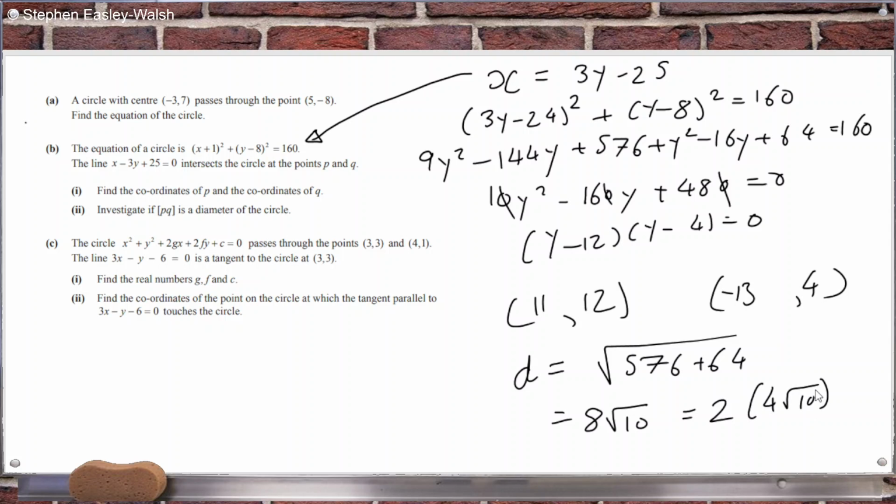Oh, and by the way, 4 root 10 is root 160. So the answer is yes. It's the diameter, which is good because it'd be kind of weird if they asked you to check if it's the diameter and it wasn't. So this is all positive signs that everything is going fine for this question.